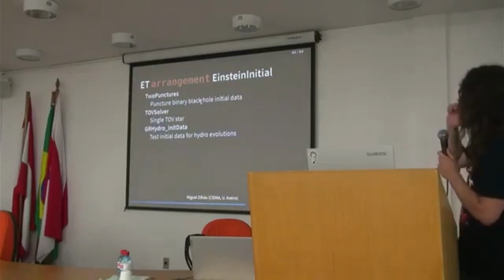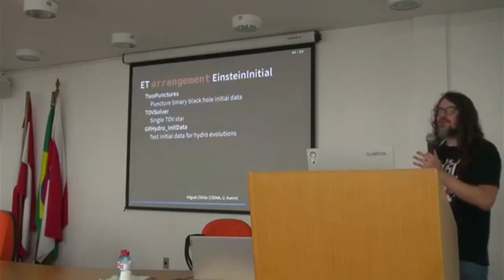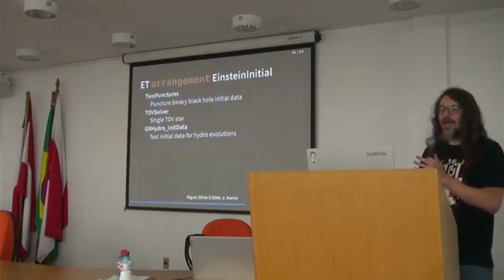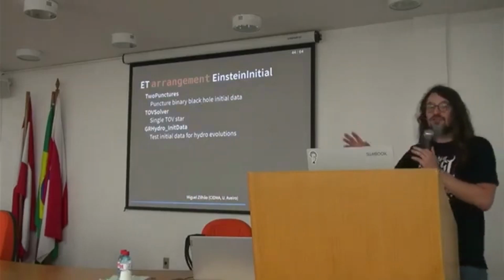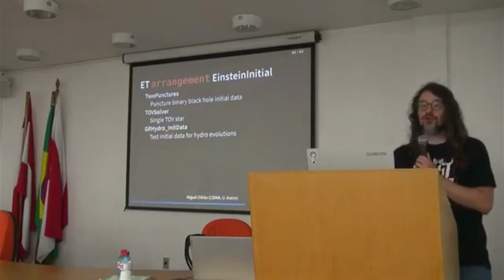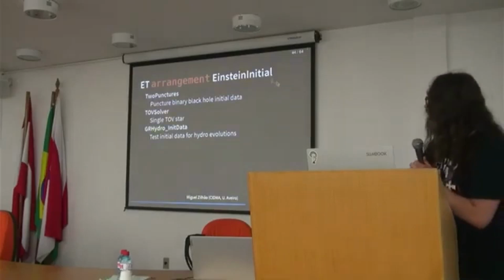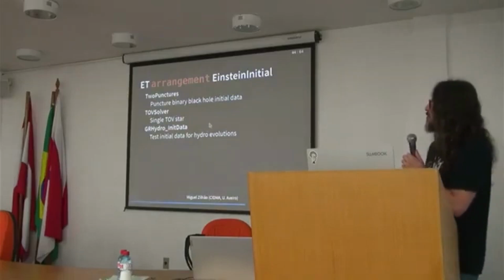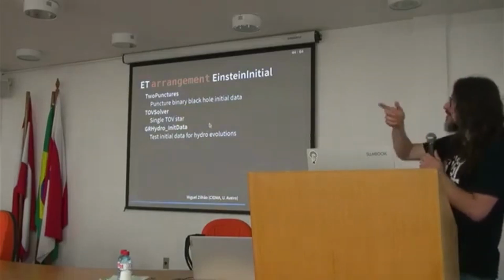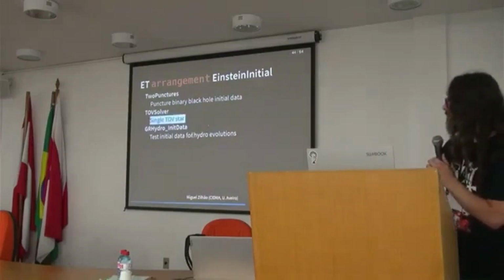You're able to specify whatever spin, whatever initial momentum, and then TwoPunctures solves the initial data equations for you and sets up your problem at your initial slice. There's also a TOV solver. If you want to specify the initial data corresponding to a single TOV star, which Guilherme was talking about, there's a thorn that allows you to do that.